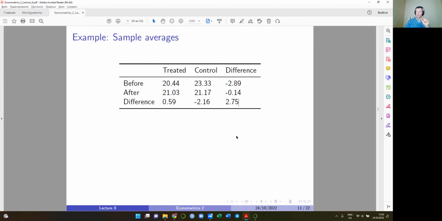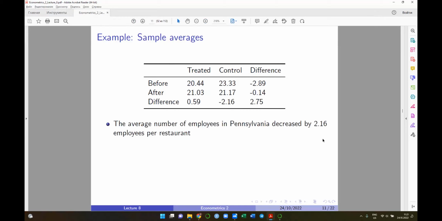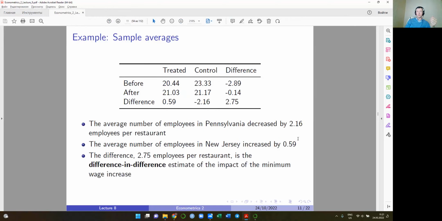It is even more surprising regarding the prediction from economic theory. The increase in minimum wage led to an increase in employment by, if you compare this with the baseline, almost 30%. So 2.75 is the difference in differences estimate of this impact.